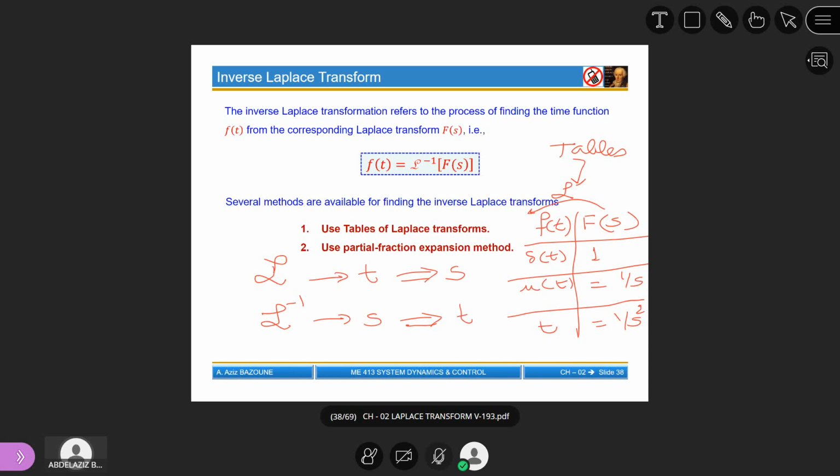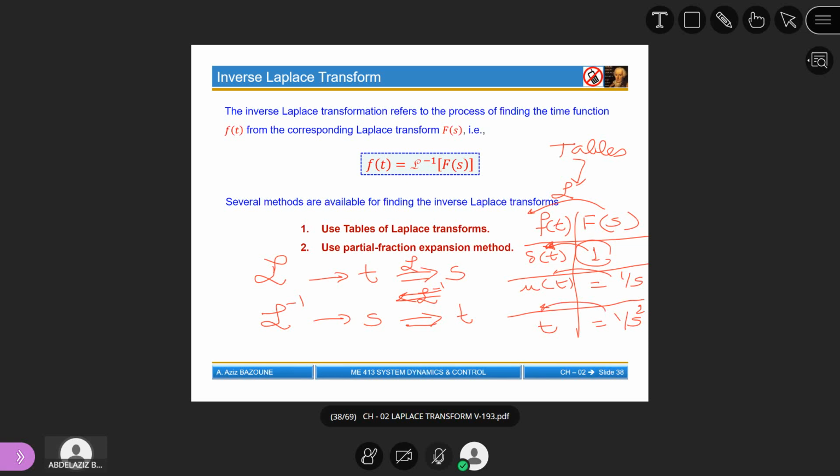So this one is Laplace, but if we want to go back, it's called Laplace inverse. If you know the function in the s domain, just by looking in the other direction, to the left, 1 over s is u(t), 1 over s squared is t, and so on.